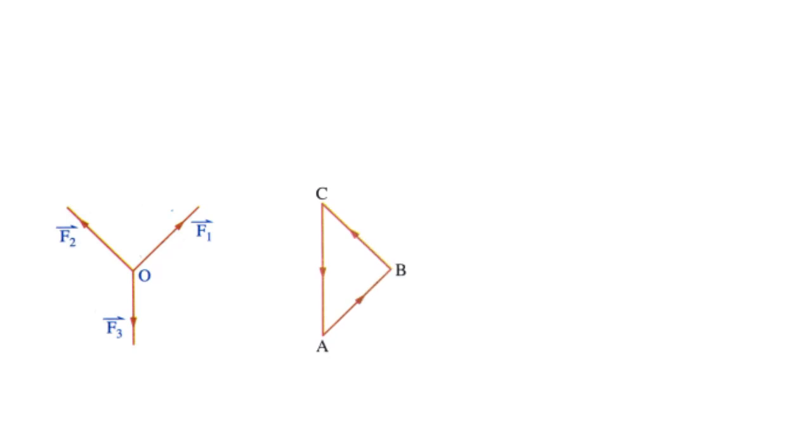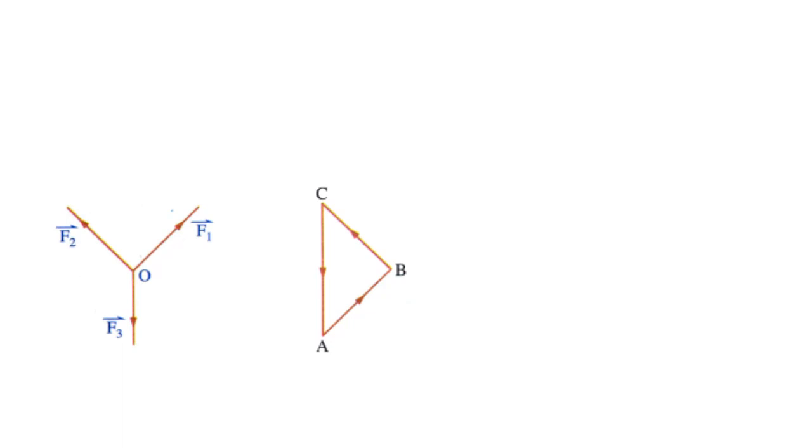Another two rules for equilibrium of three forces. If we have F1, F2, and F3, three forces in equilibrium, we can transfer these three forces to make a triangle.